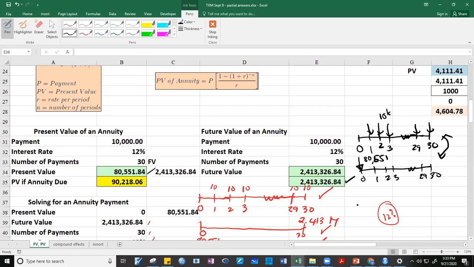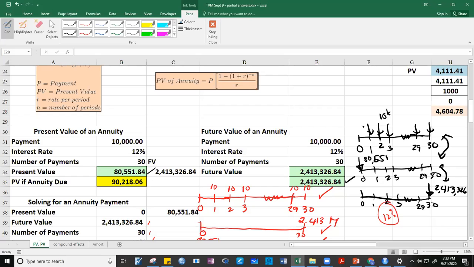Equivalent lang yan. Or it's also equivalent to, 0, 1, 2, 3, 29, 30, isang future value na 2,413,326. Okay, so all these cash flows are equivalent. Pare-pareho lang yan.